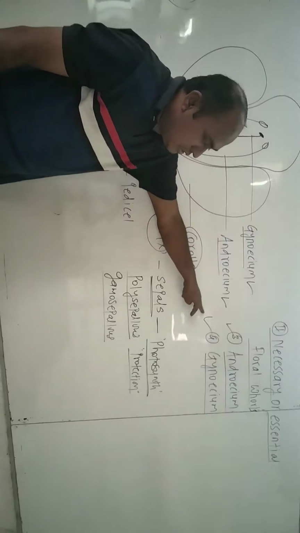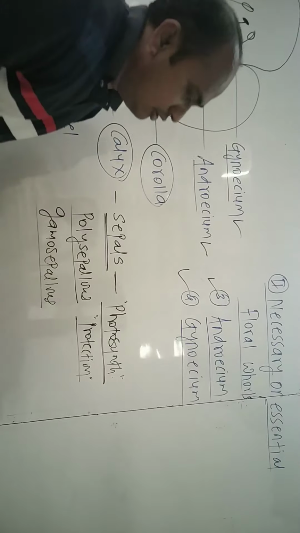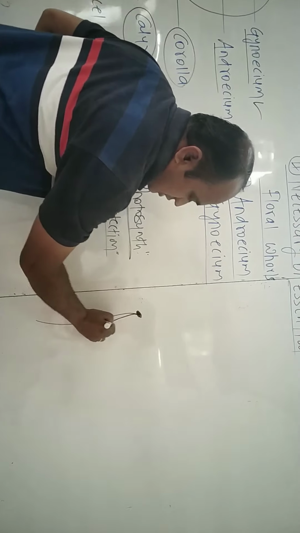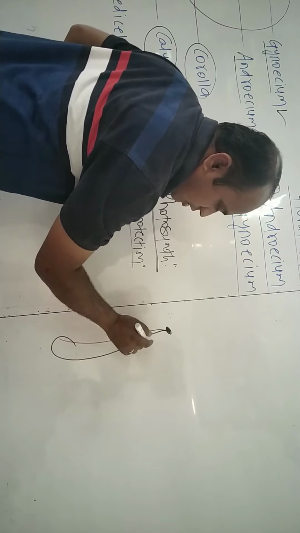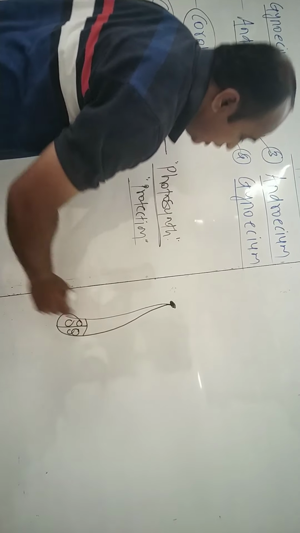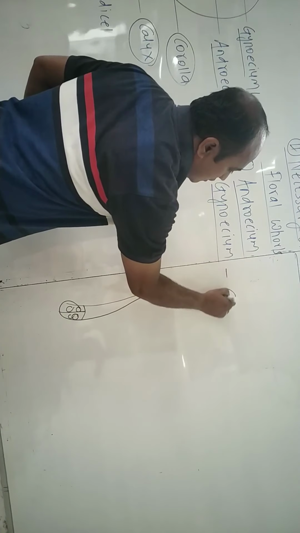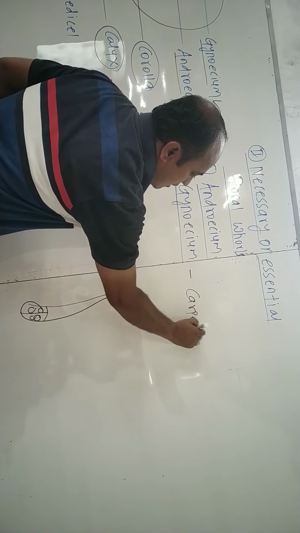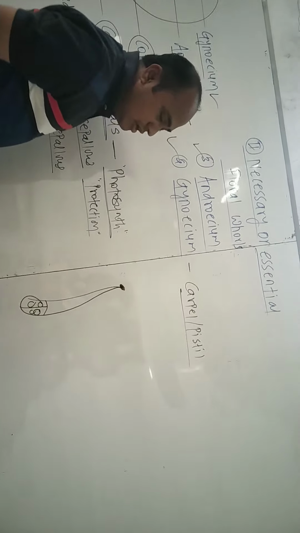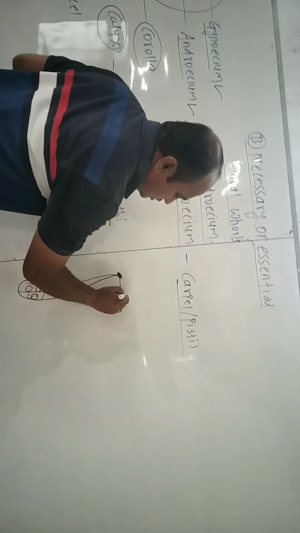Fourth is called gynoecium. The gynoecium is called the fourth whorl of the flower, in which the individual members are called carpel or pistil, which is again divided into three parts.